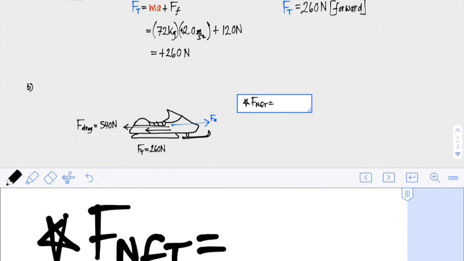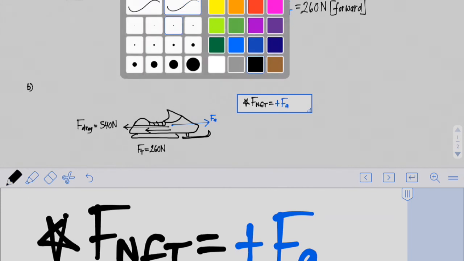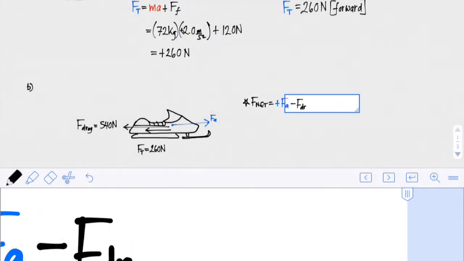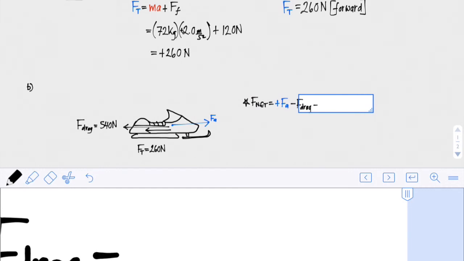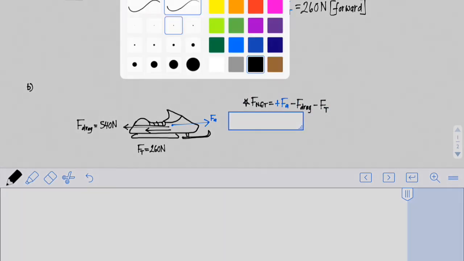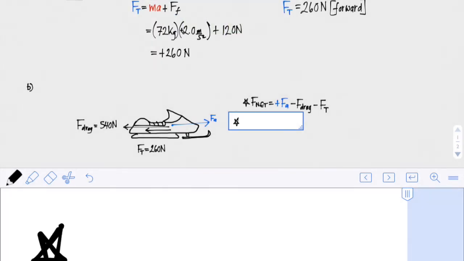So we know the net force is equal to plus the applied force, it's forward, minus the drag force, and minus the force of tension. Second step we take for solving all of these problems is to replace the term F net with the expression MA.